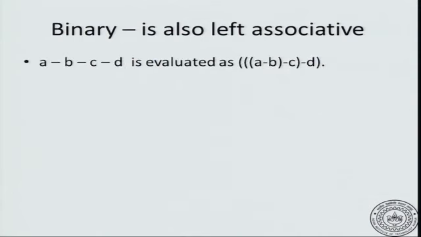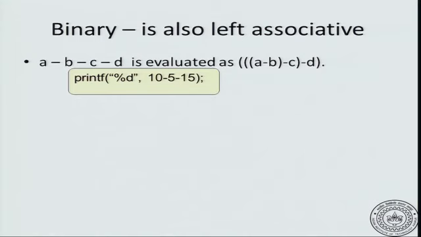For example, a minus b minus c minus d is evaluated as a minus b, then minus c, then minus d. So, for example, if you say 10 minus 5 minus 15, what will be done is 10 minus 5 and then minus 15. So, this is 5 minus 15, which is minus 10.